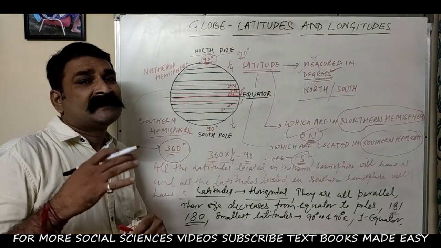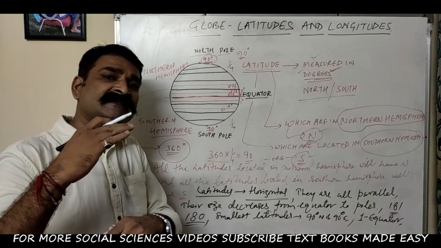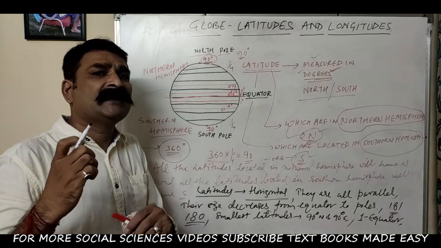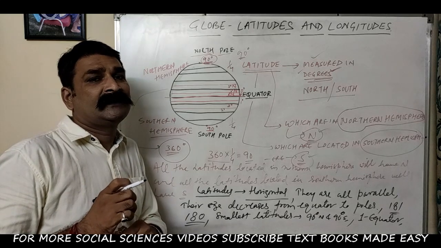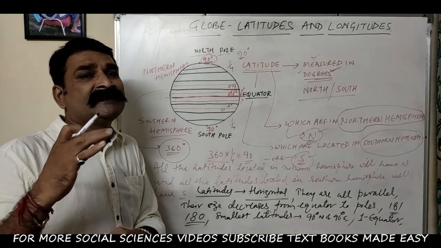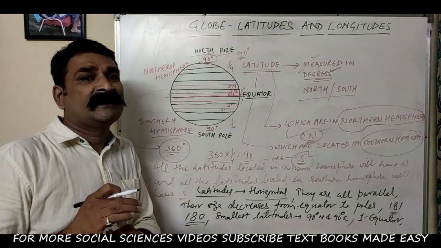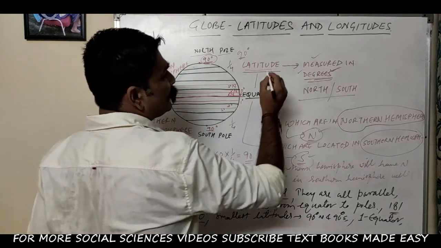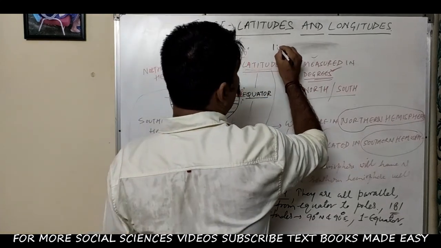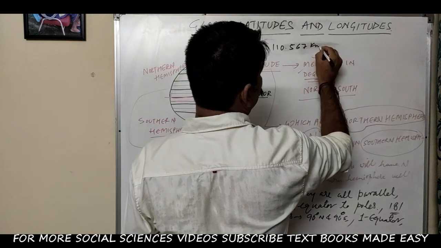Fine. Now I would like to tell you the distance between two latitudes. Okay, it remains almost the same, but at the equator, the distance between two latitudes is 110.567 kilometers.